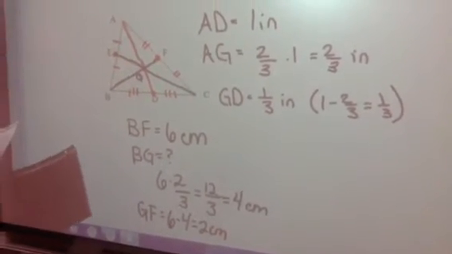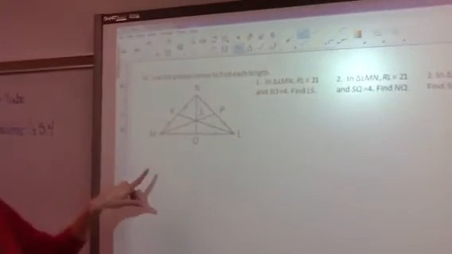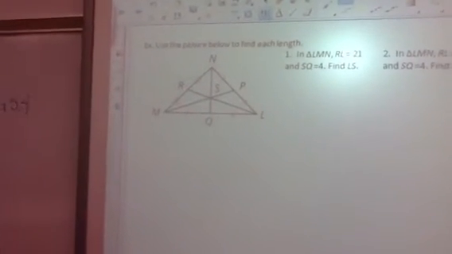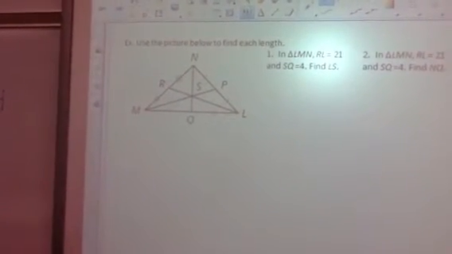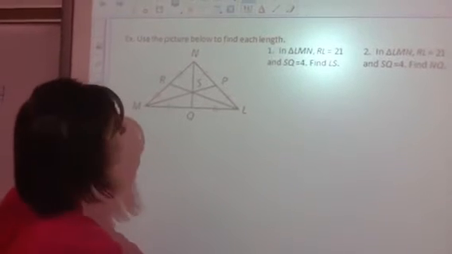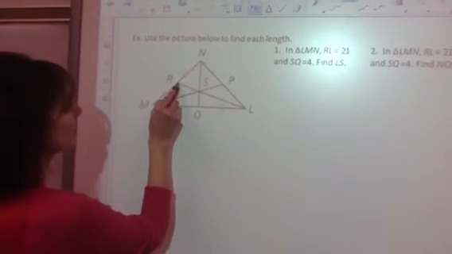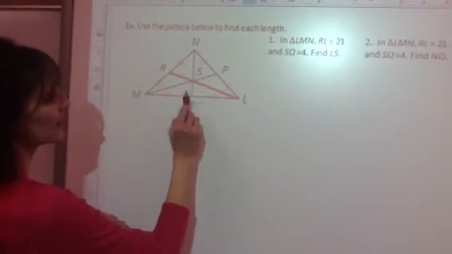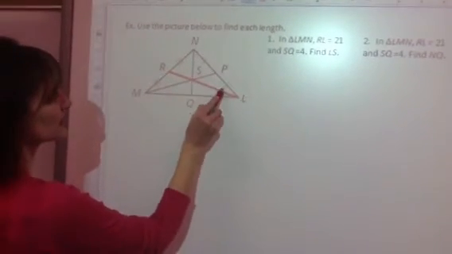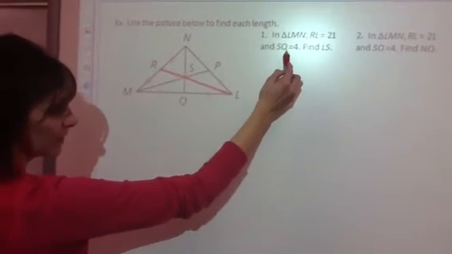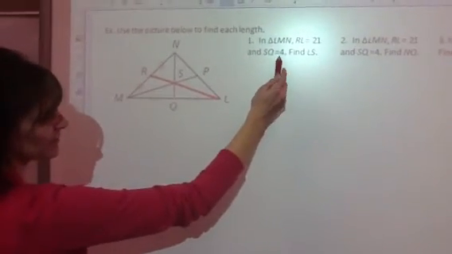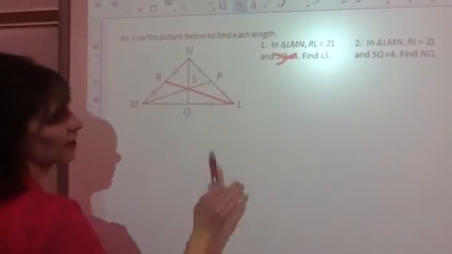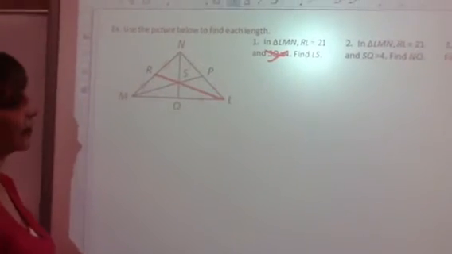All right, let's go ahead and practice this. We're going to use this picture, and number 1, we know that RL, the entire length of the median, is 21 units. And we want to find the length of L to S, so this one right here. It also tells us that S to Q is 4 units. That does not help us on this problem, so you can cross that out.